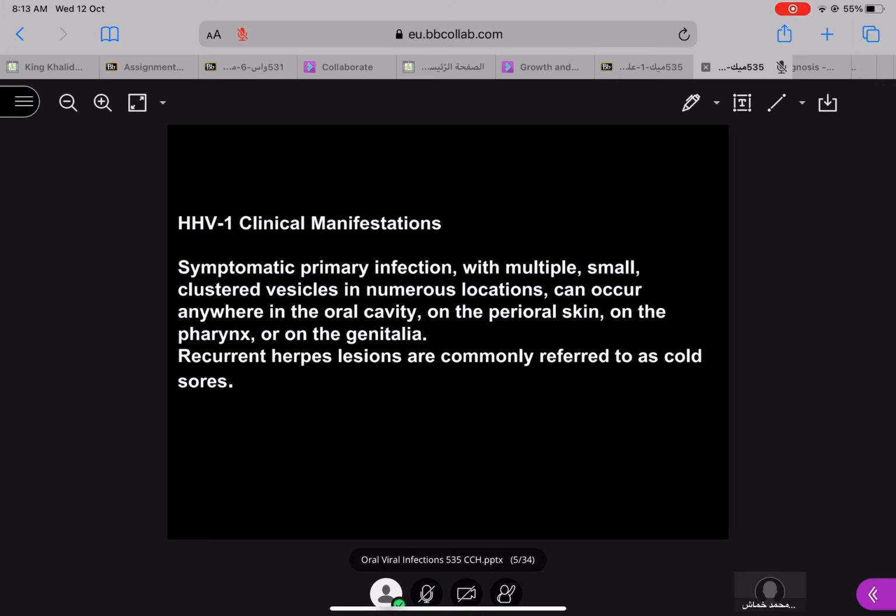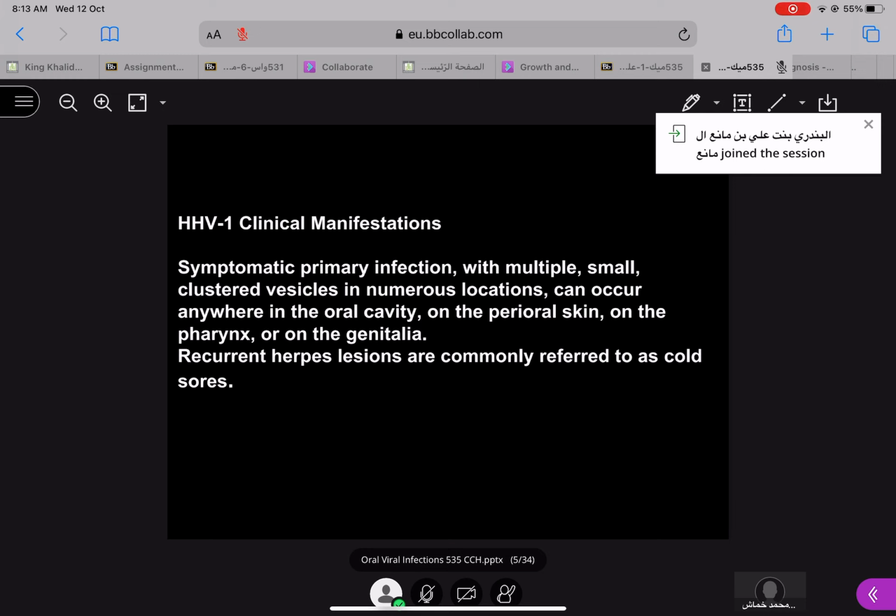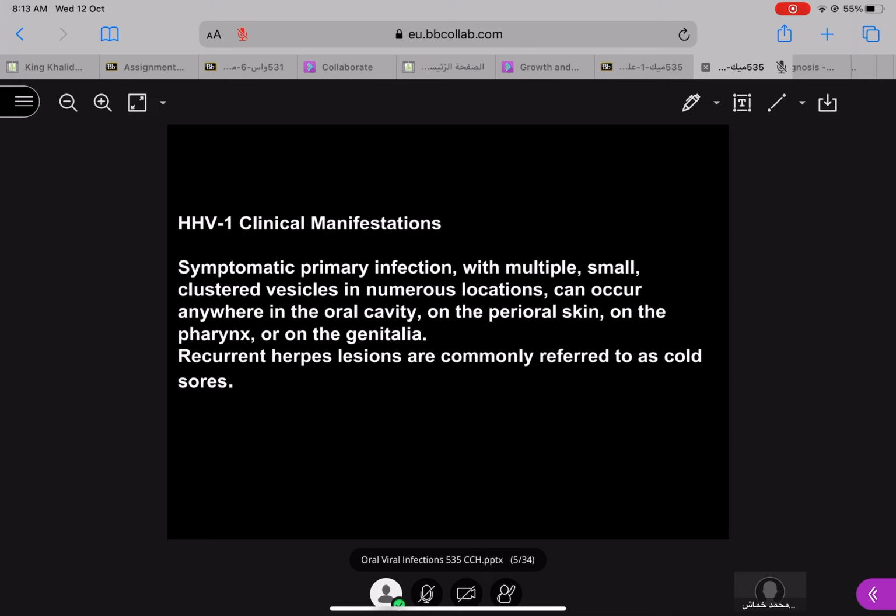Now we are going to take the first virus, which is human herpes virus 1. Clinical manifestation: symptomatic primary infection, which has multiple small clustered vesicles in numerous locations. It can occur anywhere in the oral cavity, on the peripheral skin, on the pharynx, or in the genitalia.